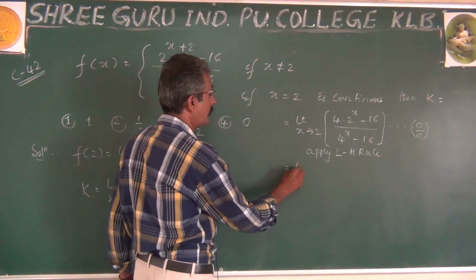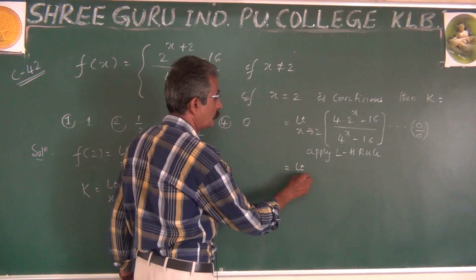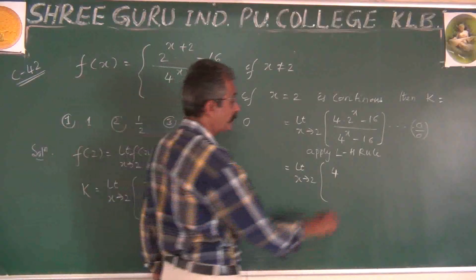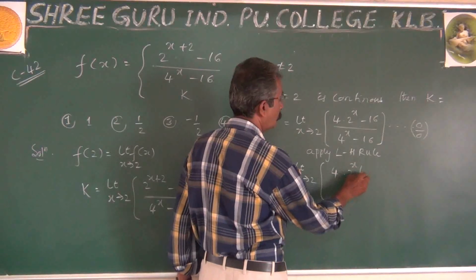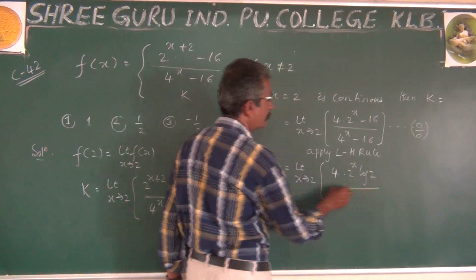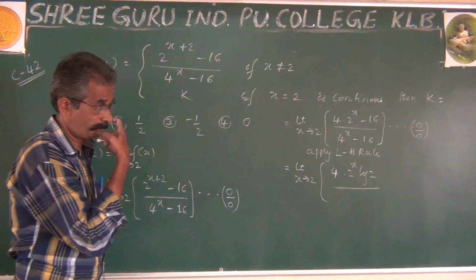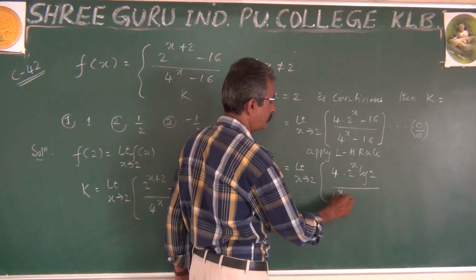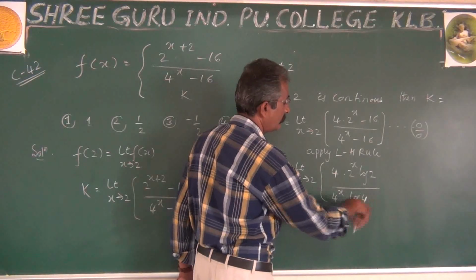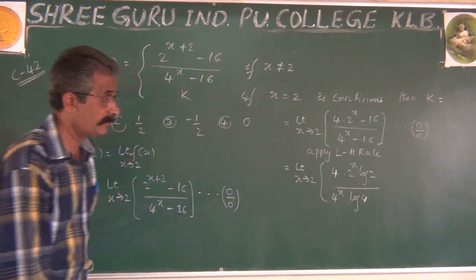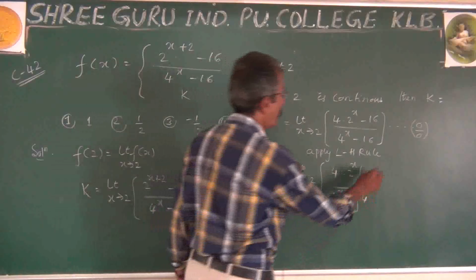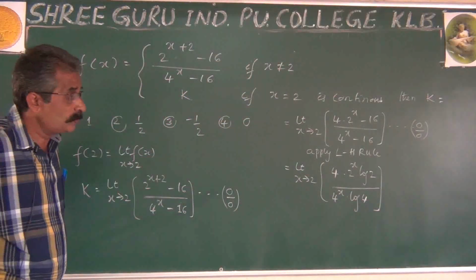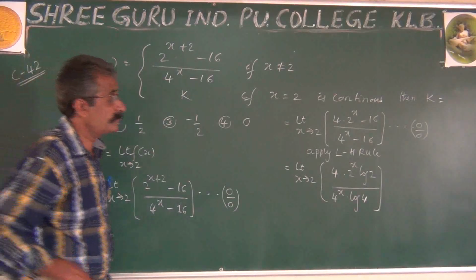L'Hospital rule says differentiate numerator and denominator. So that is equal to the limit as x tends to 2 of 4 into the differentiation of 2 power x, which is 2 power x into log 2. Differentiation of 16 is 0, left out. Now, differentiation of 4 power x is 4 power x into log 4, whereas differentiation of 16 is 0, left out. Now replace x by 2 because it doesn't become 0 by 0 form.